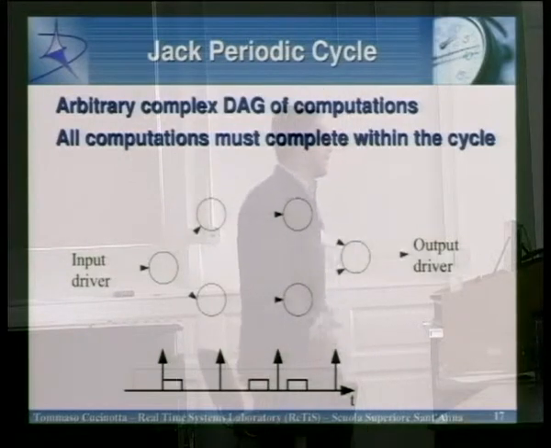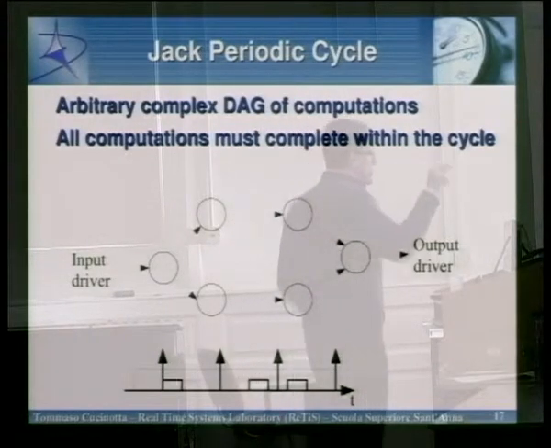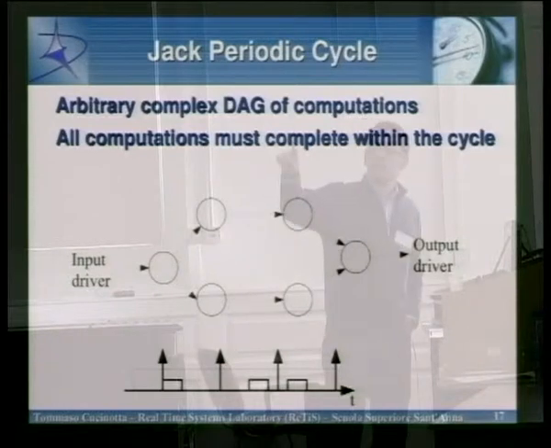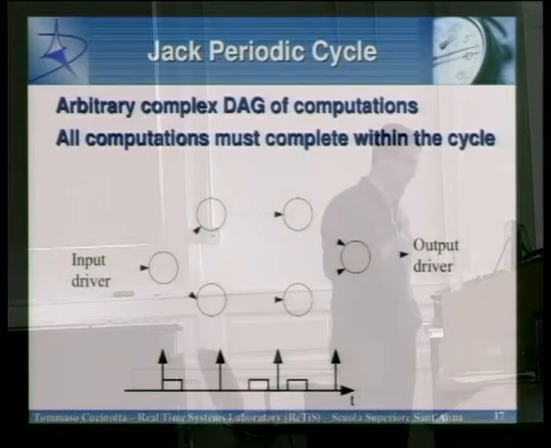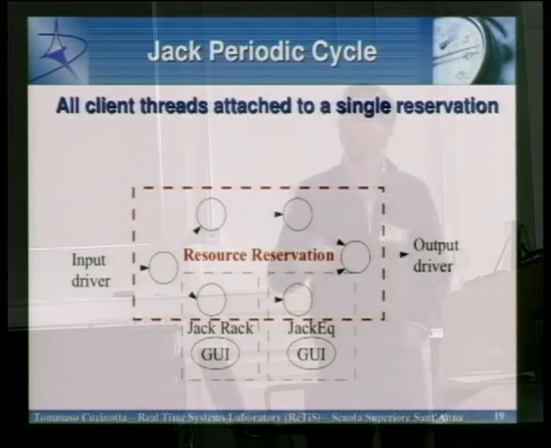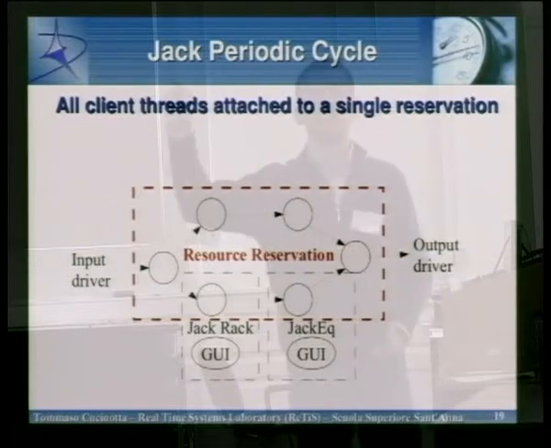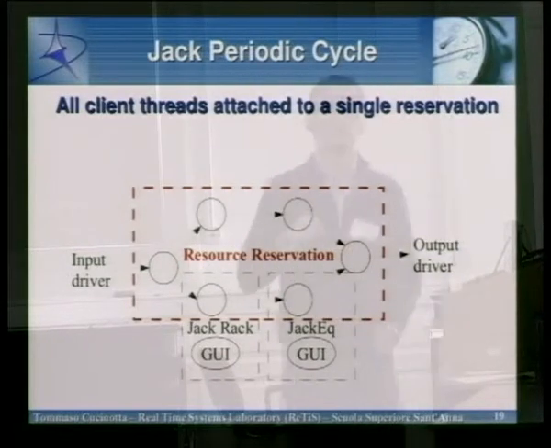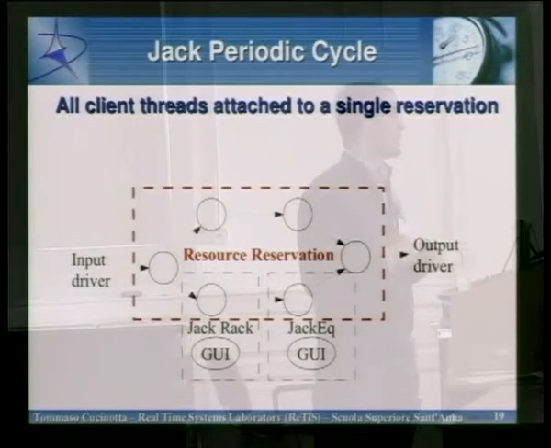I need a clear amount of CPU time to be available to the whole set of these real-time threads within a Jack cycle, so we decided to go for a single reservation defined for the Jack audio infrastructure. So we have the Jack daemon automatically creating in the system a single resource reservation, which is, as I said, a kind of temporal capsule.